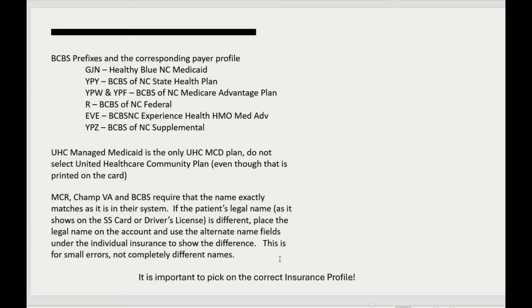This drives how we bill, and it's important to where the claim goes for the insurance company for payment. We are watching for that. We are correcting that. But really, we need to make sure that the offices are paying attention to that and choose the correct insurance profile. Okay. Thank you.